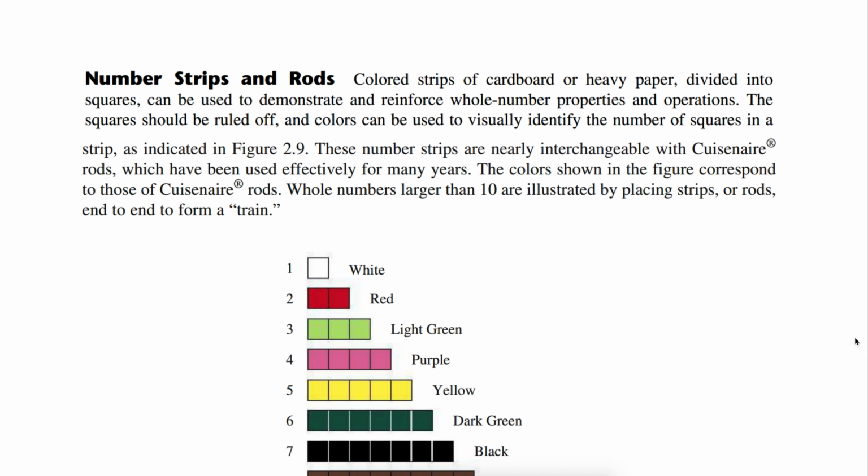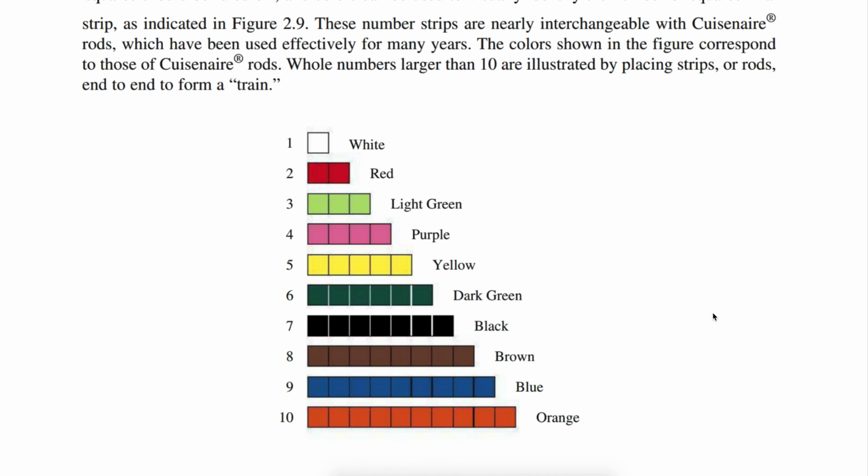Possibly the most famous for counting are rods. The Cuisenaire rods have been around for a long time. Those are color-coded, where the rod of length 10 is orange, the rod of length 1 is white, and then you've got the numbers in between, and you can use these for counting.